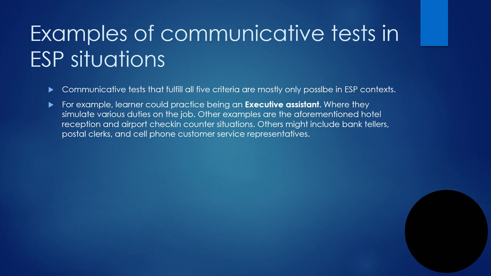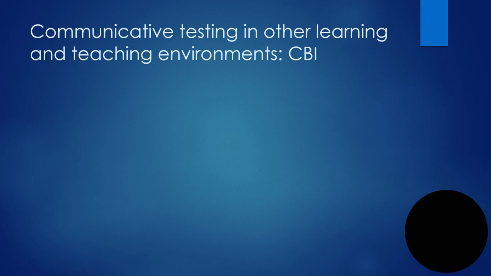Other examples are the aforementioned hotel reception and airport check-in counter situations. Others might include bank tellers, postal clerks, and cell phone customer service representatives. If you have an ESP situation, by all means do that, but most classes are not ESP classes.